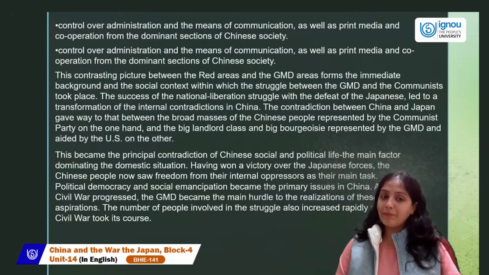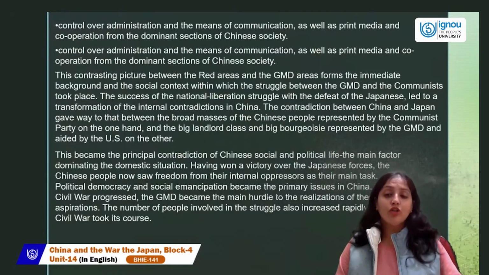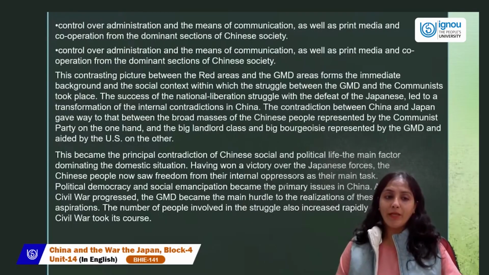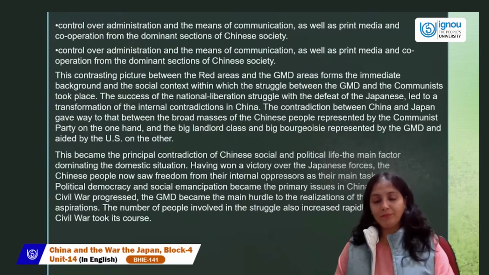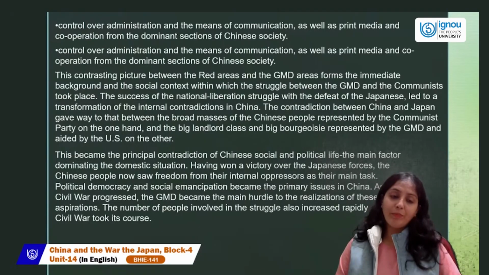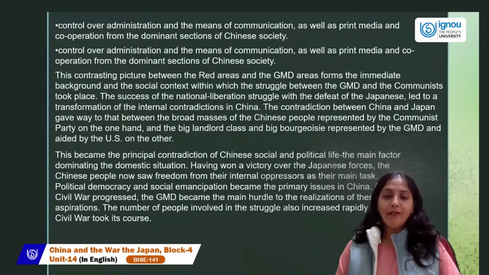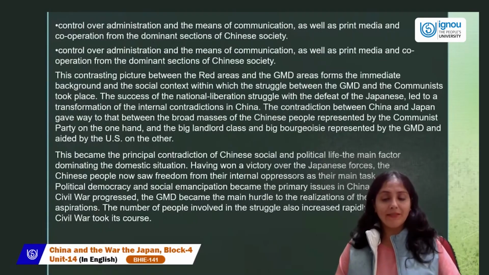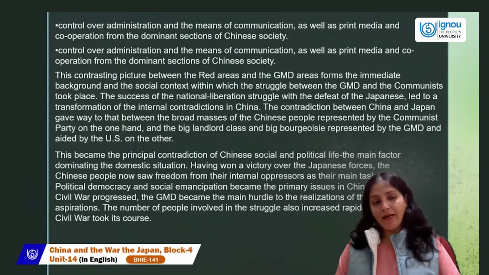This became the principal contradiction of Chinese social and political life, the main factor dominating the domestic situation. Having won a victory over the Japanese forces, the Chinese people now saw freedom from their internal oppressors as their main task.